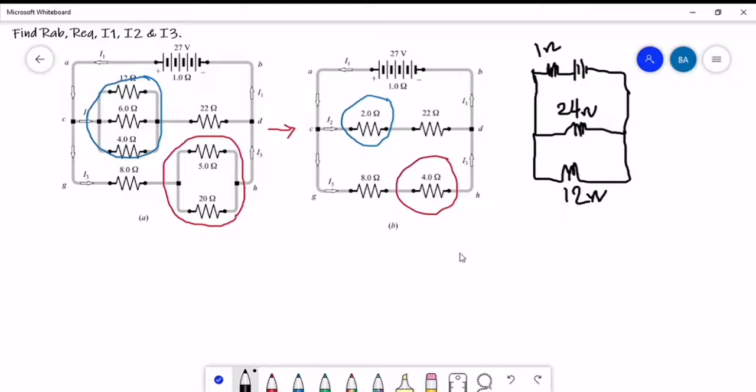If we combine these resistances, this will serve as our RAB, because as you can observe here, this is our point A and point B. So if we combine this, this is already our RAB, the total combined circuit for this one. So RAB is 1 over 24 plus 1 over 12.